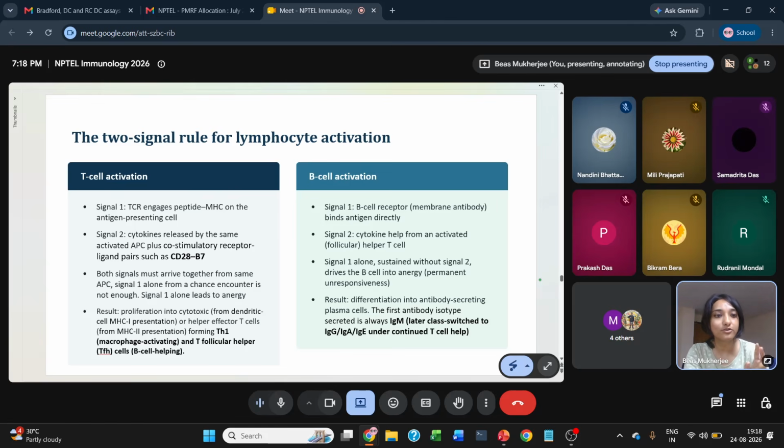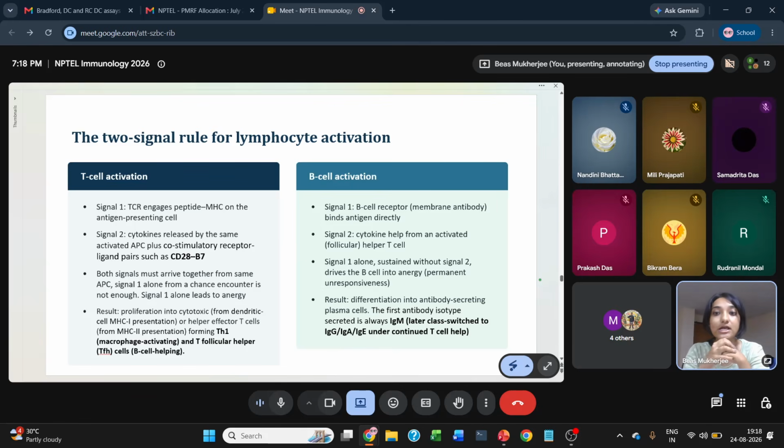So the two signal rule means that two of the signals have to be coming for the rest of the process to go on. For the activation of the T cells, two different interactions have to happen. That is your two signal rule. Both signals must arrive together from the same antigen presenting cell. If only signal 1 comes, then it leads to anergy. Now if both the signals come, then what happens?